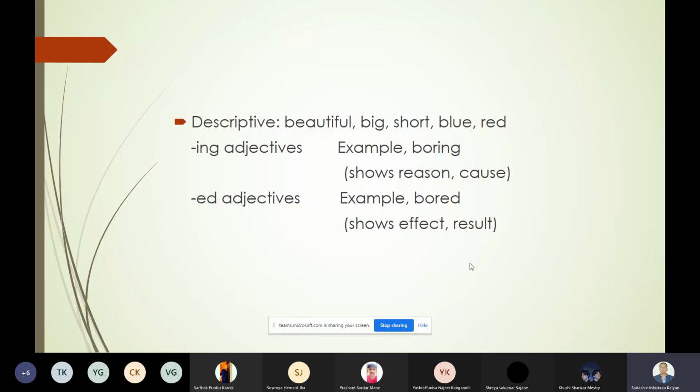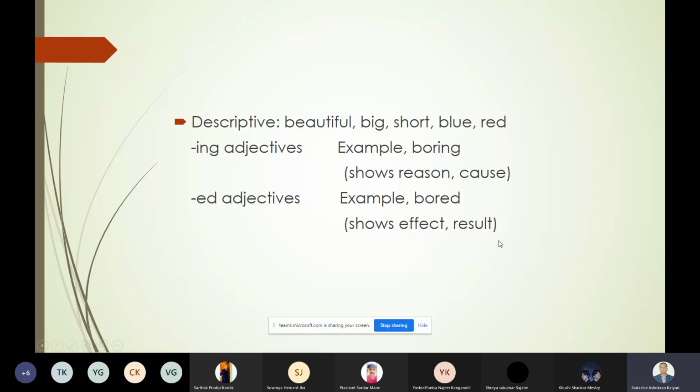Okay. So like the descriptive adjectives, some adjectives are also there which we find in our reading, which are ending with ing. Okay, for example, here I have put an example in front of us, that is boring.